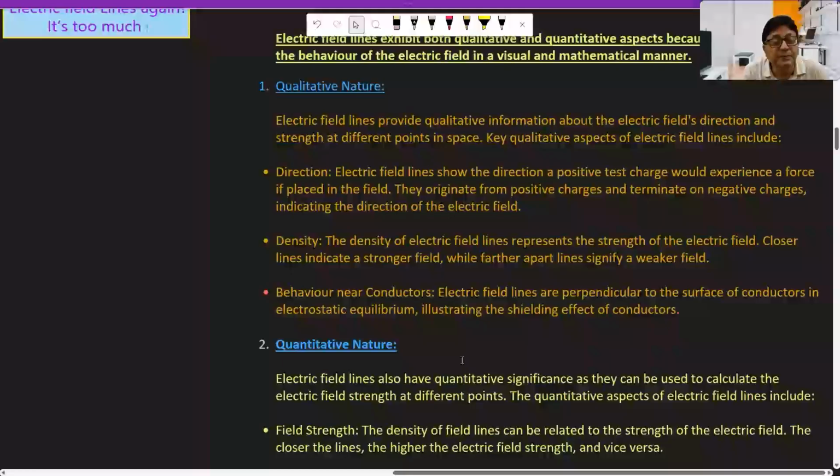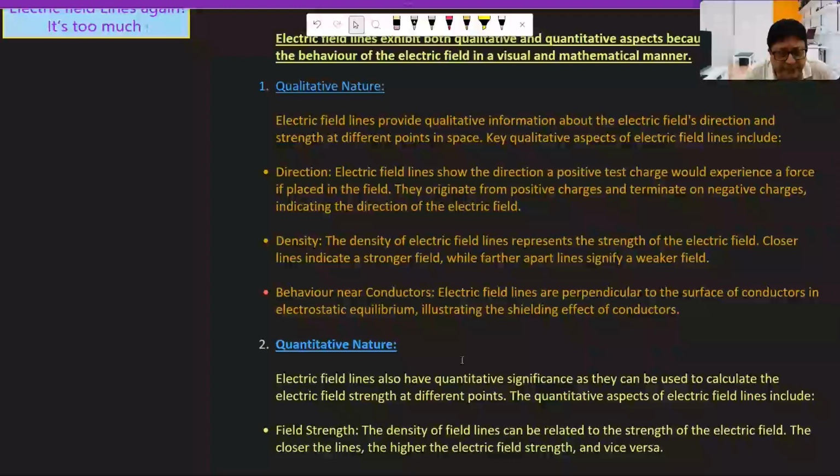Density. The density of electric field lines represents the strength of the electric field. This part I have mentioned in the past session that if field lines are close to each other, then a stronger field will be there. If they are further apart, it will signify a weaker field. And behavior near a conductor.